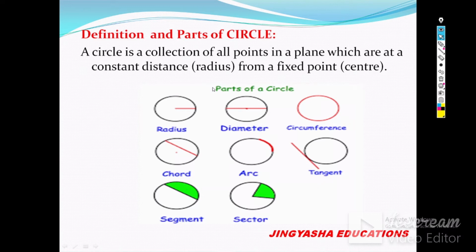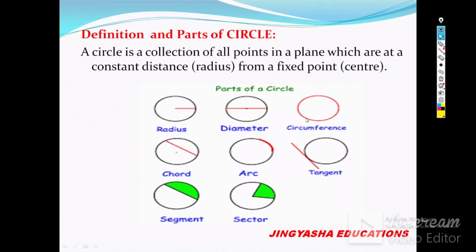This is very important because we will be using all these concepts in the coming slides. Radius is a very well-known thing, so I think I need not explain this. Diameter is again 2 times the radius, and circumference is the locus of the points that are at a constant distance from the center. So you can just say the circle is the circumference.